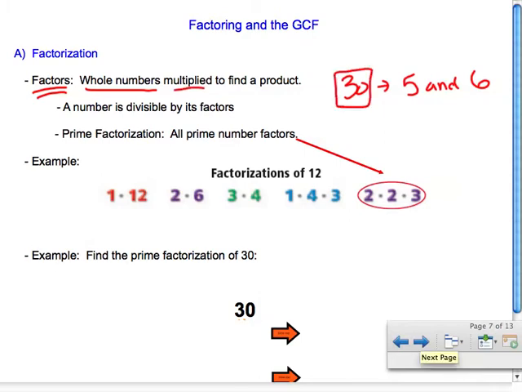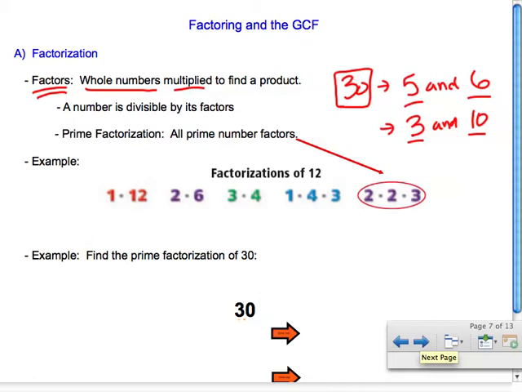Those numbers 5 and 6 aren't the only factors of 30, but they are two factors of 30. Some other factors of 30 might be 3, because 3 divides into 30. You're looking for numbers that will divide in evenly. Generally, they're matched up because you have to multiply 3 by something to get 30. So 3 is a factor of 30, and so is 10.